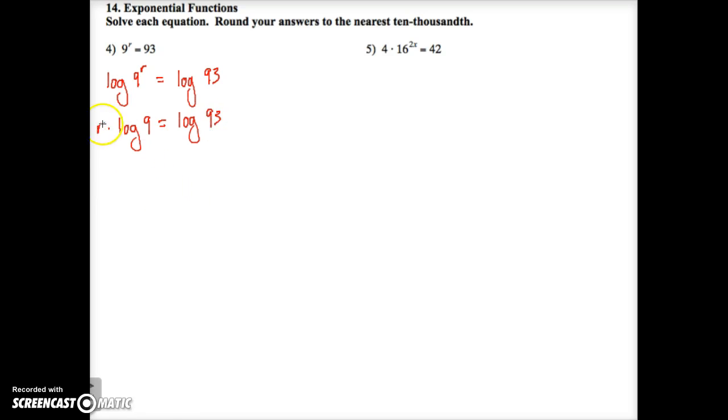And now to solve for what r is, I'm just going to divide both sides by the log of 9.